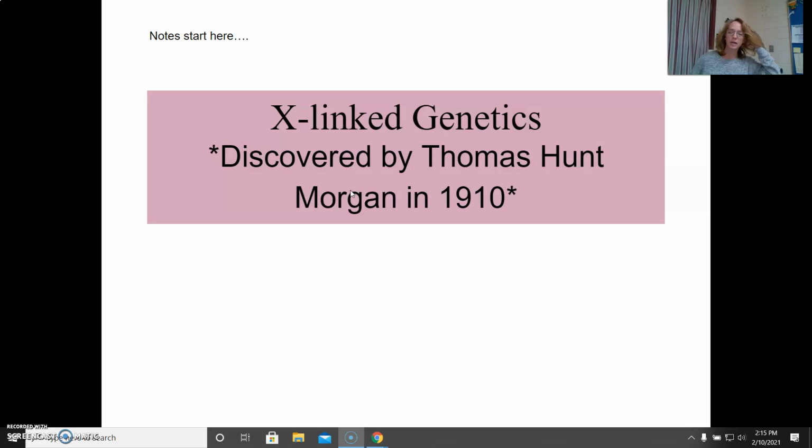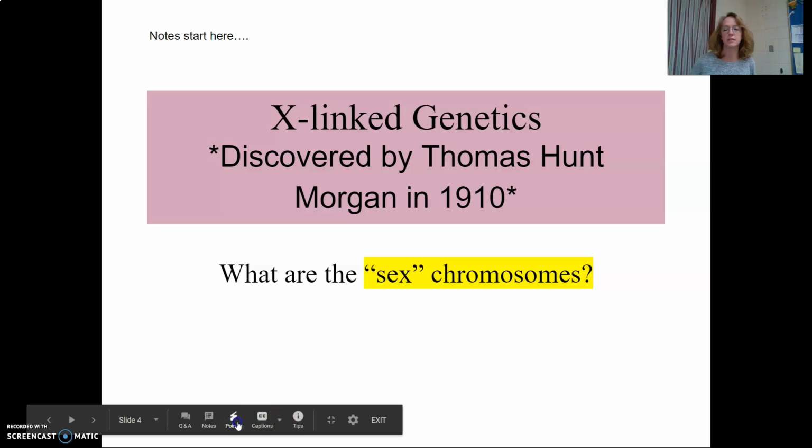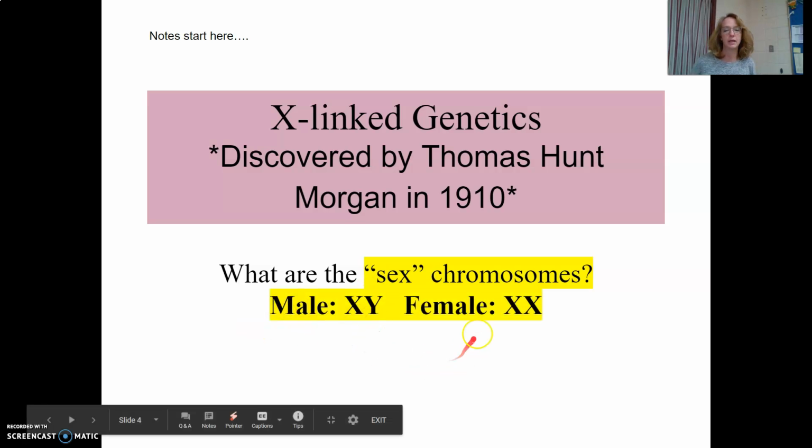So X-linked traits were figured out in the early 1900s by Thomas Hunt Morgan, and they are linked to our sex chromosomes. We normally call them X-linked traits because we really only study what is on the X chromosome, and I will explain why. Males carry an XY, females carry an XX.